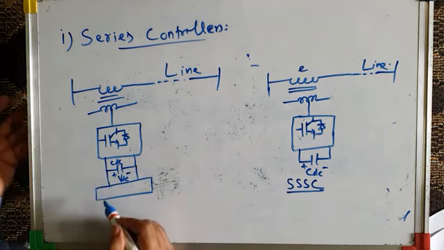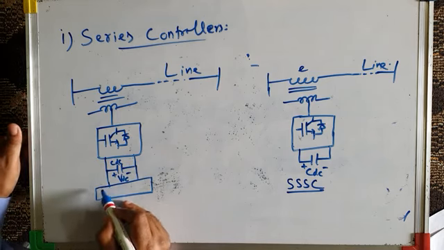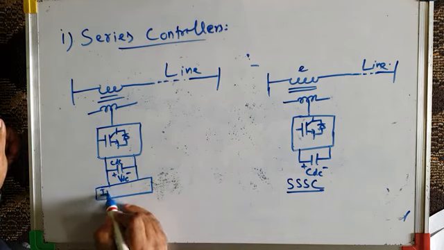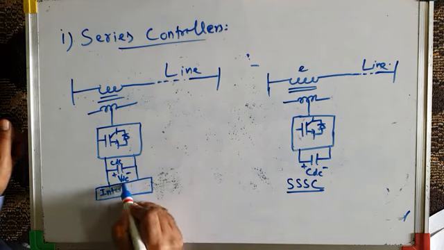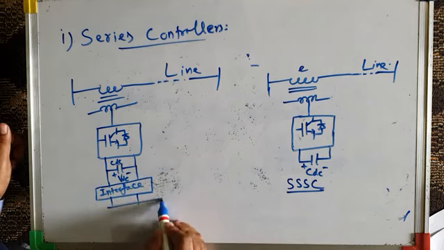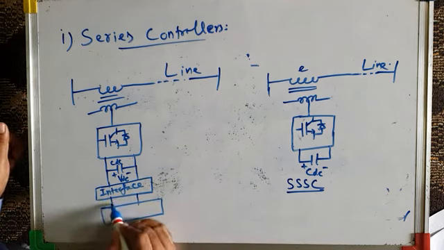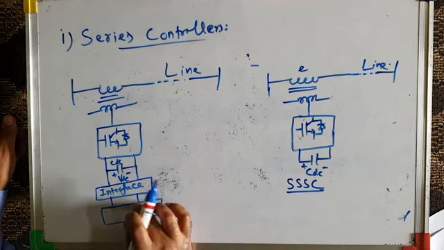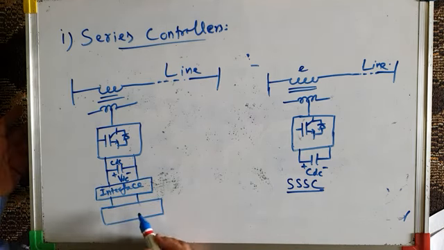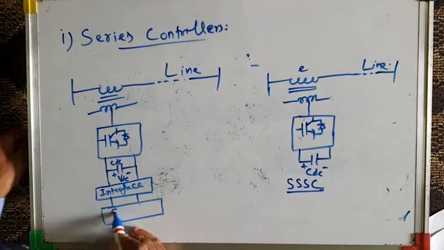It may be a DC to DC boost converter, or a buck boost converter, interface. And then this is the storage. It may be either SMES, superconducting magnetic energy storage, or a battery energy storage system. So in general, I will write here storage.